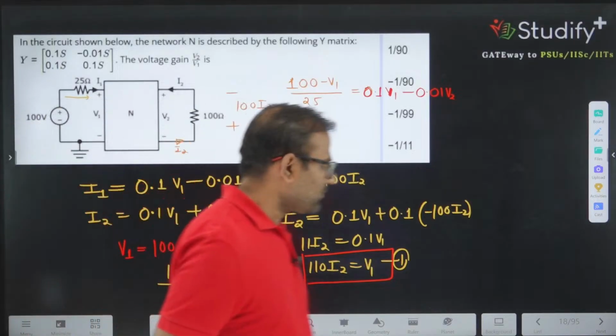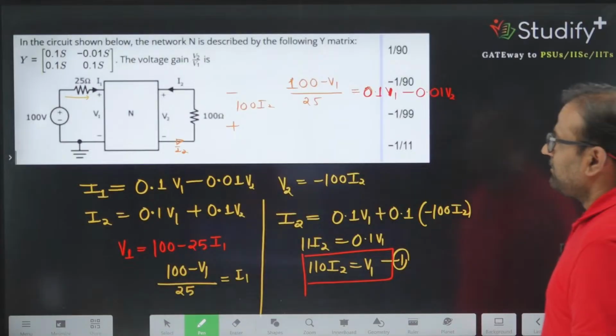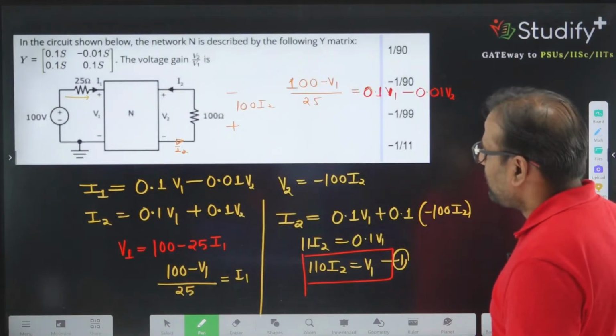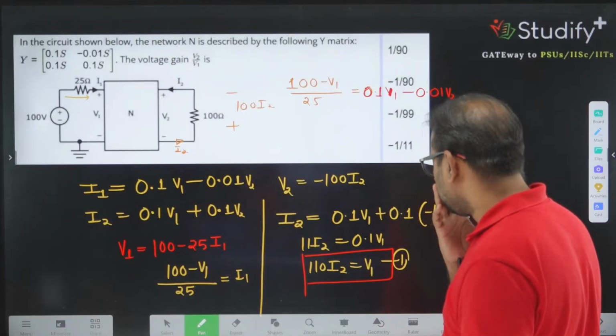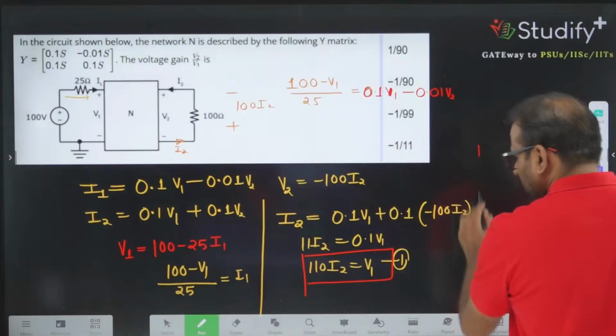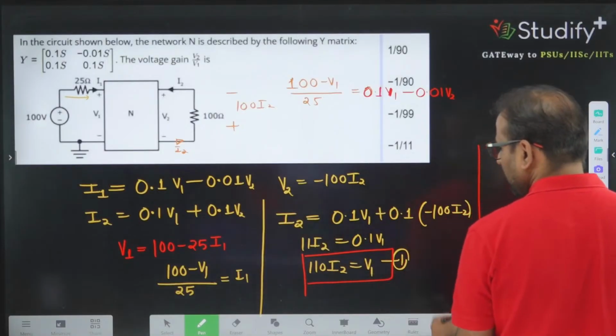Okay, we can calculate it directly. Here is the thing.